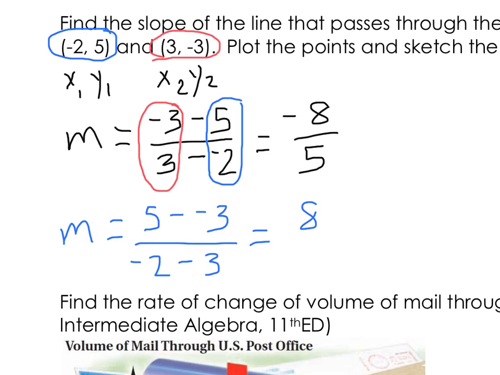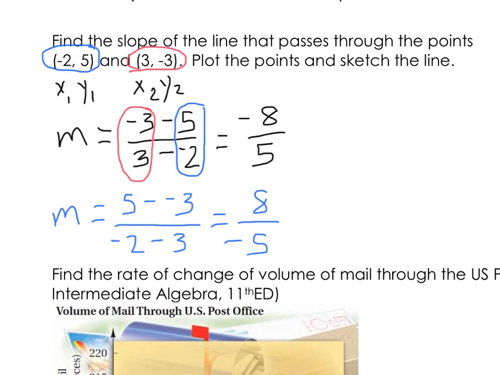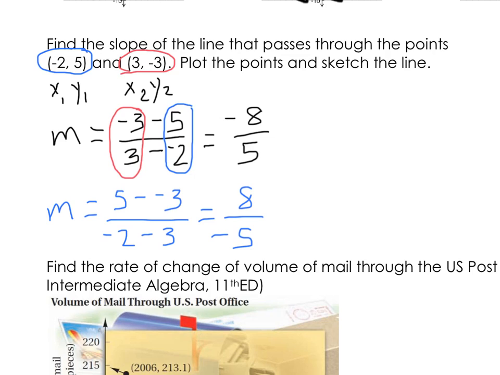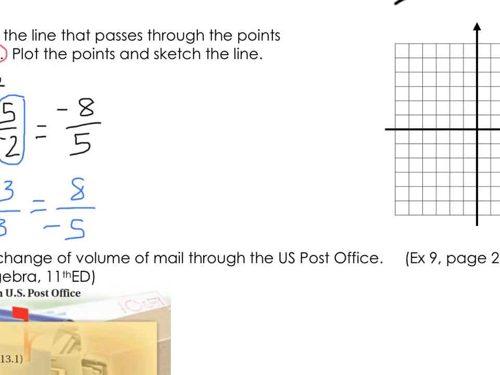That still gives us 8 over -5, or -8/5. So it doesn't matter really which point you choose to be the first one and which one you choose to be the second one. Now find the slope of the line that passes through those points, plot the points, and sketch the line. So (-2, 5) and (3, -3).